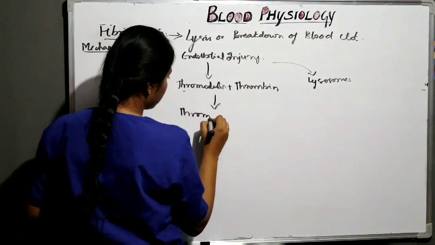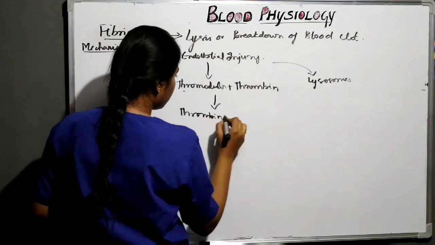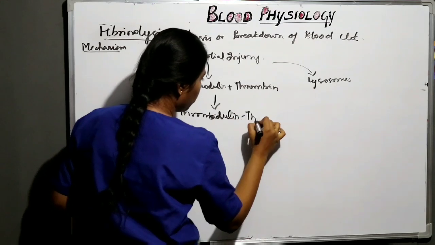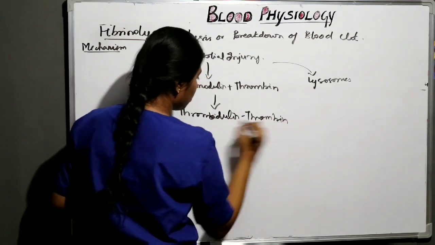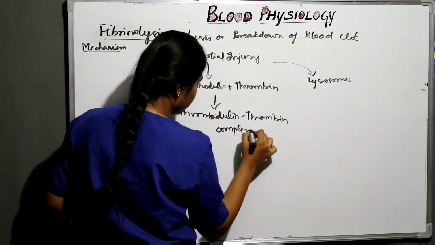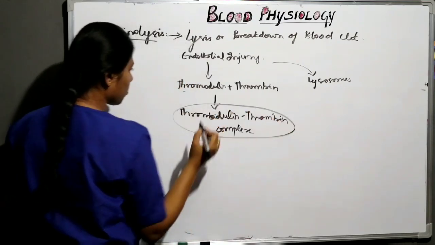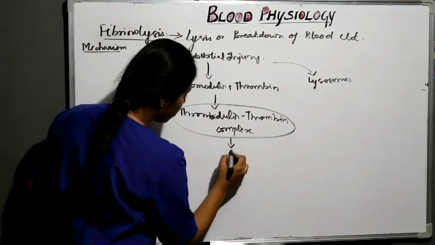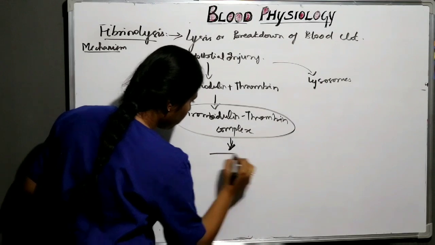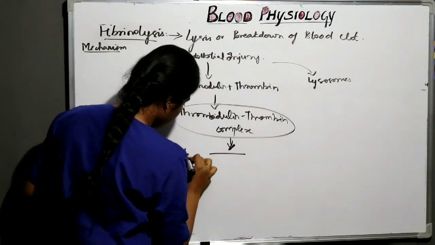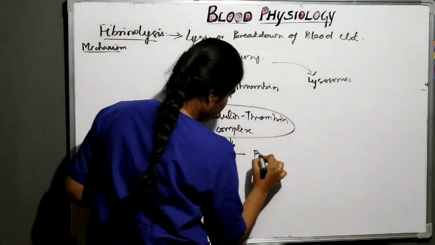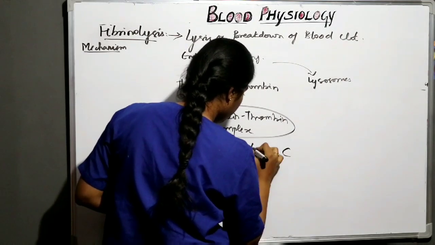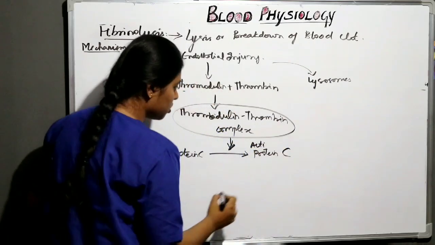Thrombomodulin and thrombin combine to form thrombomodulin thrombin complex. Then it activates protein C.